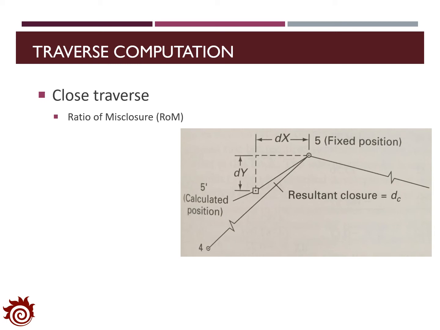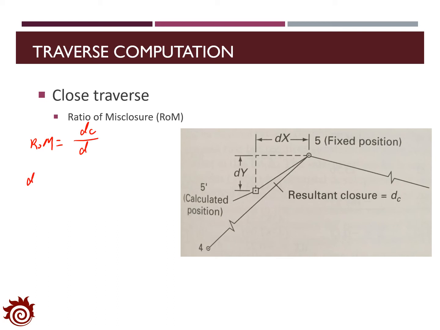The closure error only tells you the absolute value of the error in the experiment. It does not tell you whether the error is large or small with respect to the total distance measured. In order to identify this relative error, we will introduce a new term, ratio of misclosure, ROM. ROM is estimated by the equation here, that is dc over d.